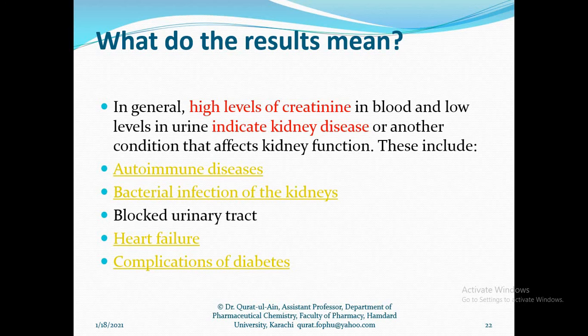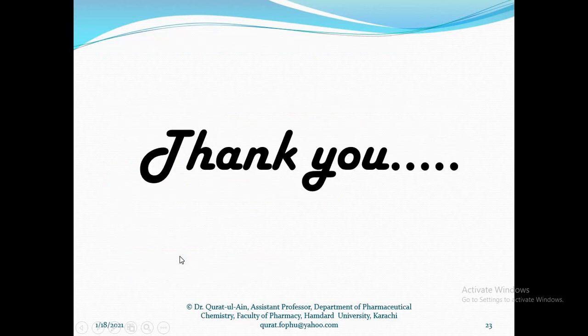So the creatinine test is performed to find out the health of your kidneys. A high creatinine level in your blood or urine may be an indication of an autoimmune disease, a bacterial infection in the kidney, a urinary tract blockage, heart failure, or other diabetic complications.